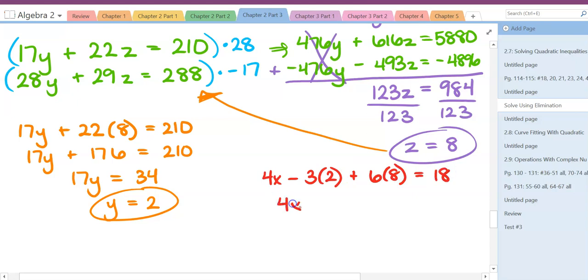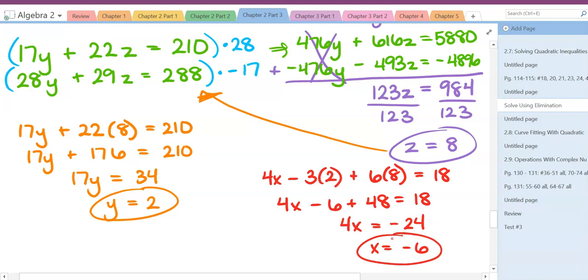So we now have 4x minus 6 plus 48 equals 18. Move those numbers over to the other side, so you have x all alone, so it says 4x equals negative 24. Divide by 4, x comes out to be negative 6. So again, as an ordered pair, we would write that negative 6, 2, 8.